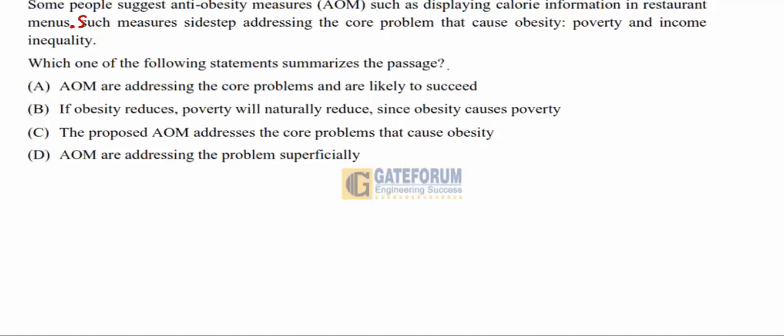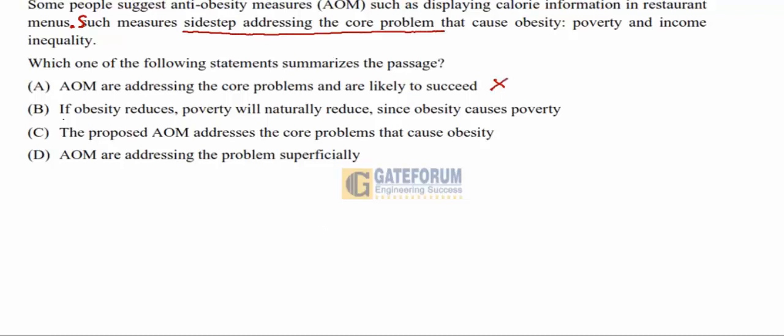Nothing can be farthest away from the truth because it has been clearly said that these measures sidestep addressing the core problem. Sidestepping means avoiding addressing the core problem. So naturally this is not our statement.